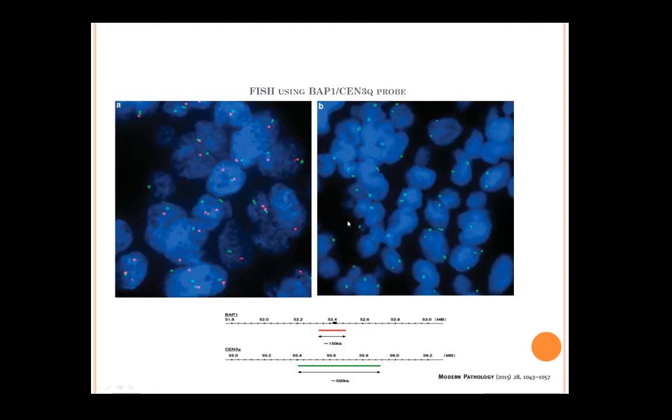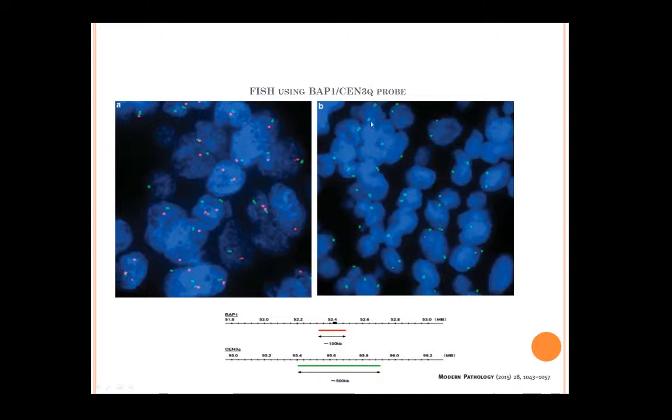BAP1 loss in this study was also evaluated by FISH analysis using a combination of probes specific for the centromere of chromosome 3 and also the BAP1 gene. It labels the centromere of chromosome 3 as green, and the BAP1 gene as red. So in normal mesothelial tissue, usually we have 2 green signals and 2 red signals.